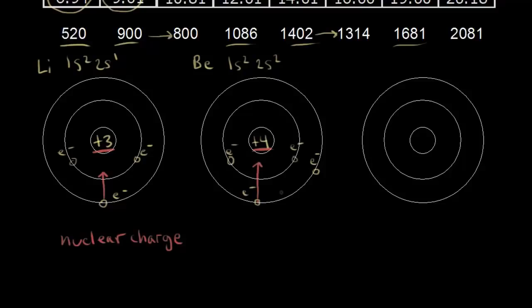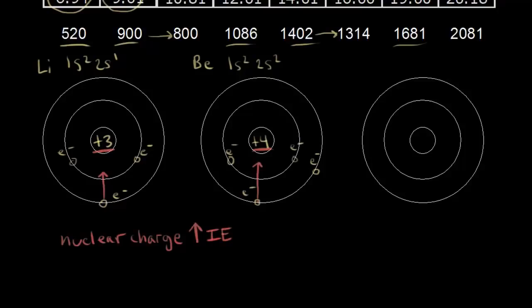So just thinking about nuclear charge, we would expect a greater attractive force for one of the outer electrons in beryllium than lithium. Therefore, it would take more energy to pull that outer electron away, and so there would be an increase in the ionization energy.